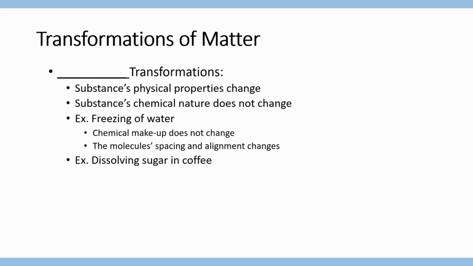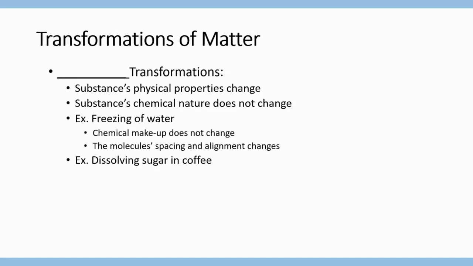When we have a chemical transformation, these are the cool transformations. This is where we can make a completely different molecule, a different product. A chemical transformation produces new substances. So that new substance that's produced, we call that a product of a chemical reaction.